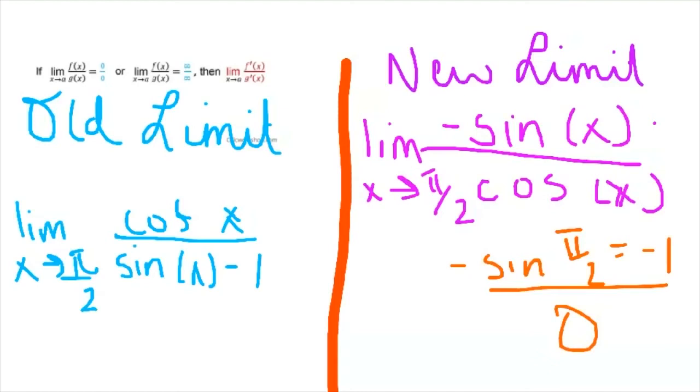So this limit does not exist. Sorry, I got cut off there. As I was saying, this limit does not exist because it is negative 1 over 0, and that produces a response that we know. We've had limits that do not exist before, and that is technically a determinate form. So there we go, there's an example of L'Hopital's rule.